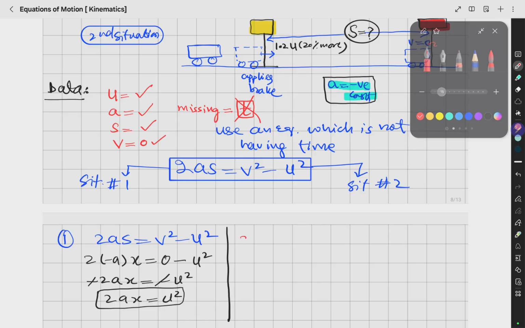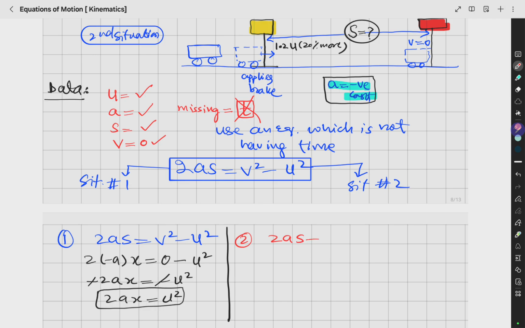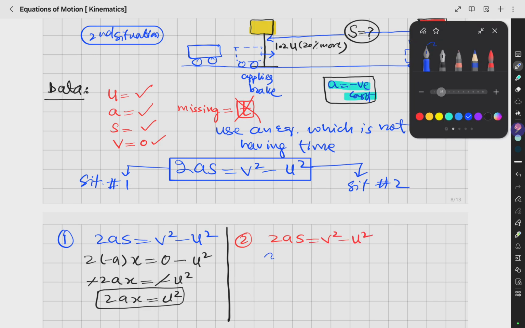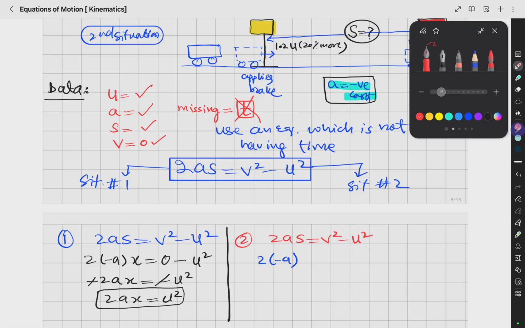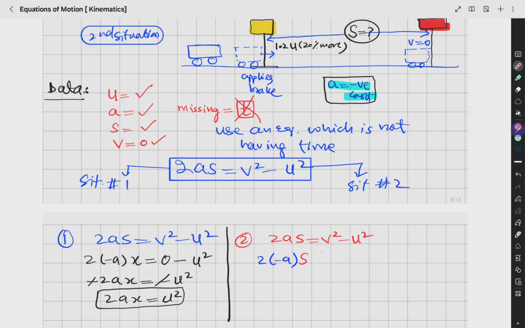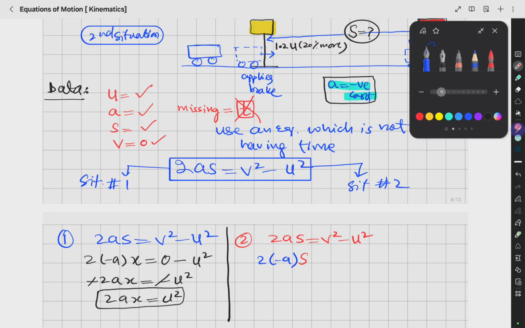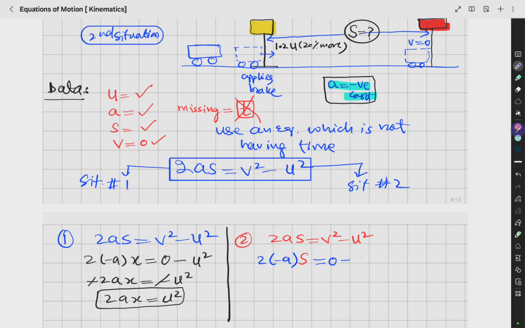Now let's go to the second situation and apply 2as is v square minus u square. So 2 and a is minus a. S, we don't know s, we have to find. So this is s, and v is 0 and u is 1.2u, whole square. This is important, that the u is 1.2u and you took the square of this.